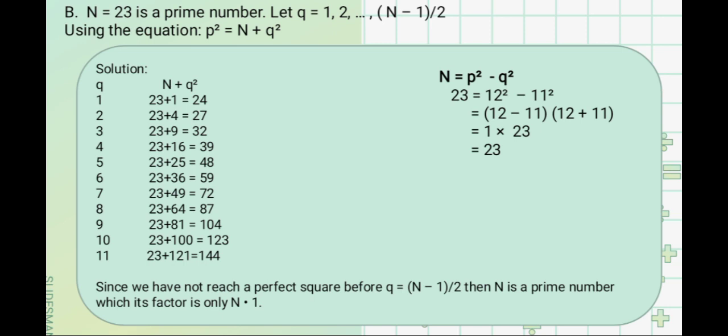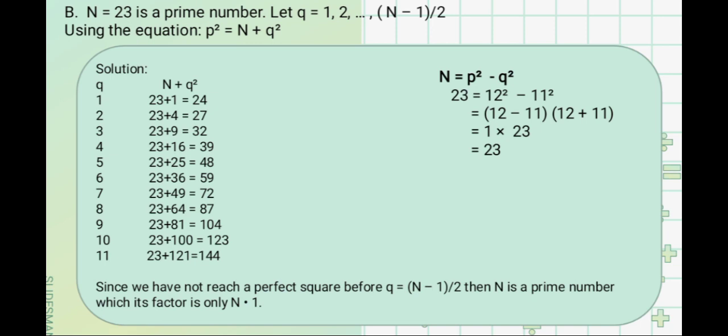Minus 11 squared. So, i-factor out na to. So, we have 12 minus 11 and 12 plus 11. So, we are going to calculate that. So, 12 minus 11 is equal to 1. 12 plus 11 is equal to 23. So, that's why atong answer dinhi is 23.